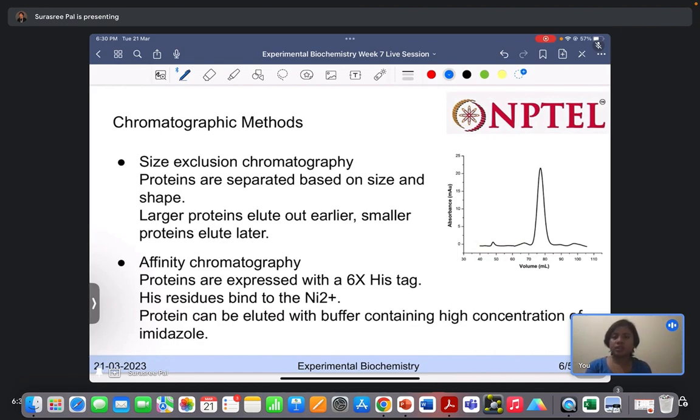Now the mostly used chromatographic method is affinity chromatography. For affinity chromatography, the protein has to have a tag. Usually this is called a 6x histidine tag. So 6x is nothing but 6 histidine residues in tandem, so consecutive 6 histidine residues are present.